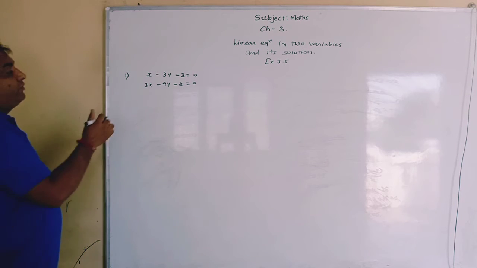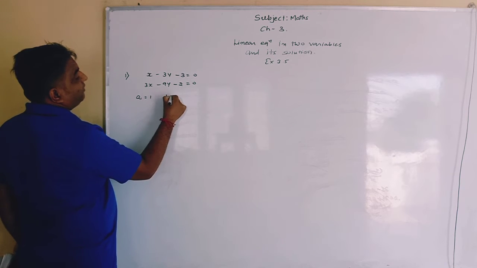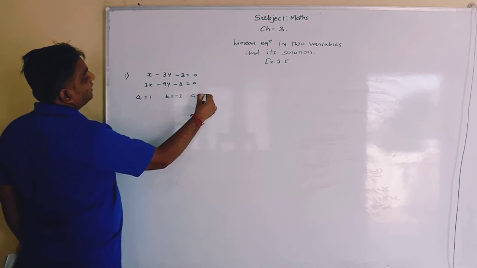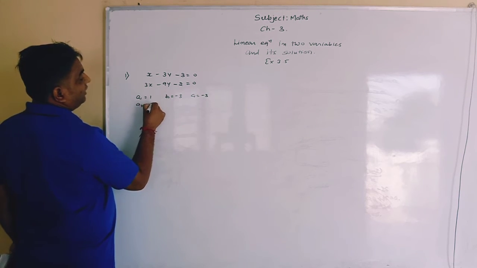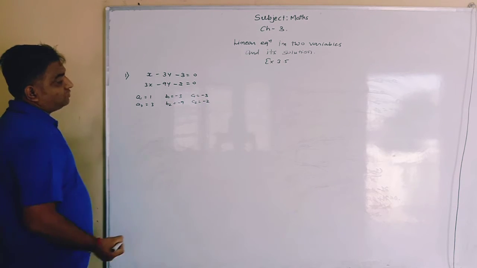So we write the coefficients as a1 = 1, b1 = minus 3, c1 = minus 3, a2 = 3, b2 = minus 9, and c2 = minus 2.